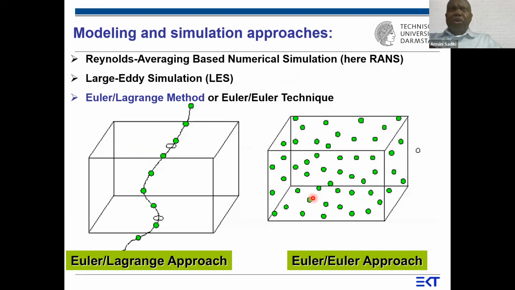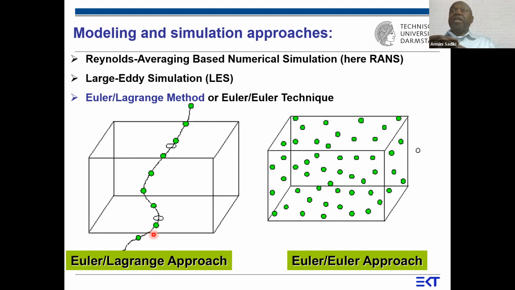I refresh you with what we have introduced, these two ways to model a spray, either to use the Eulerian Lagrangian, in which we track the droplets through the flow along their trajectory. And here we have to solve the position and the motion equation, in which we need different forces we have introduced.